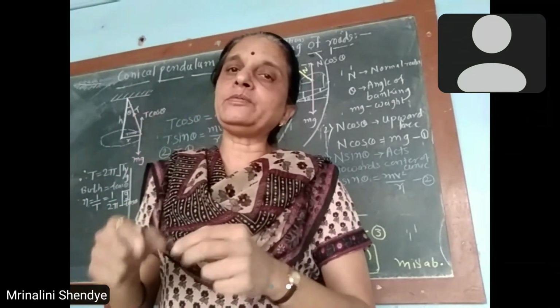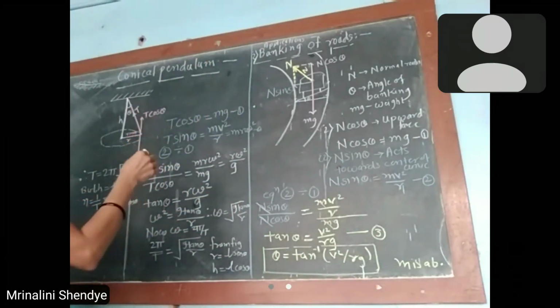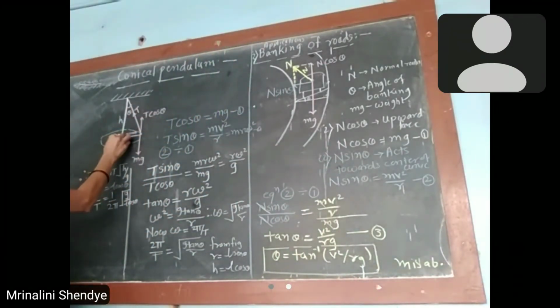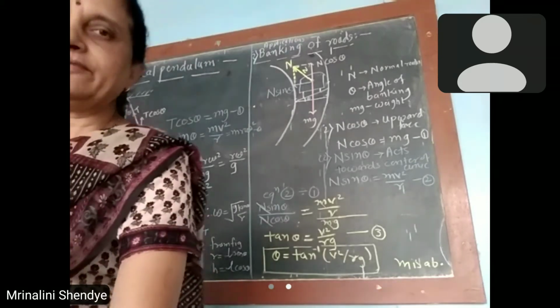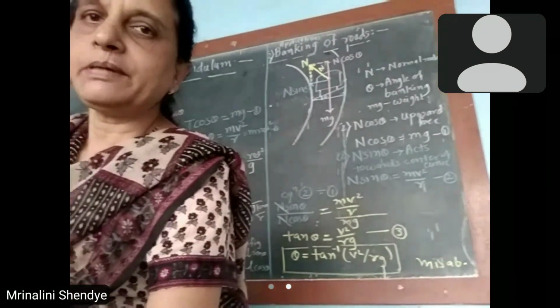If I use that type of string, then we can observe that whenever the bob is connected here, it can be like this.